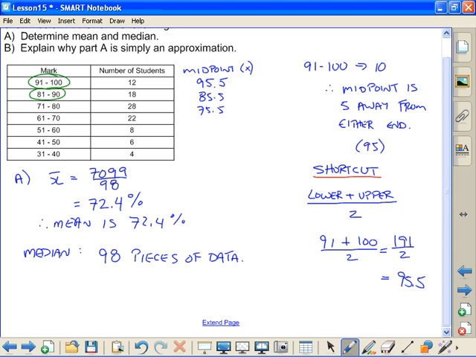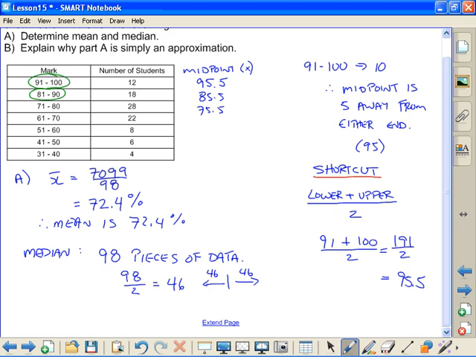If I cut that in half, 98 divided by 2, we end up with 46. That means it splits into equal groups: there's 46 on the bottom half, and 46 on the top half.